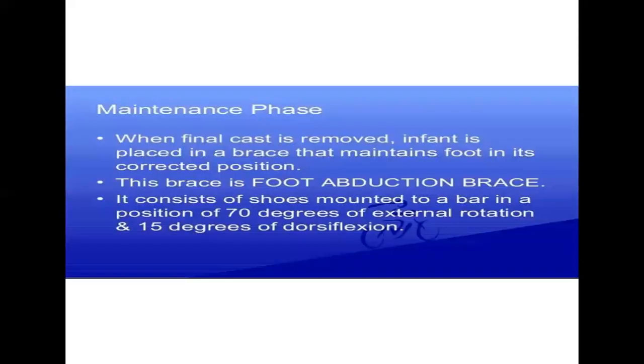Maintenance phase. When the final cast is removed, the infant is placed in a brace that maintains the foot in its corrected position. This brace is a foot abduction brace. It consists of shoes mounted to a bar in a position of 70 degrees of external rotation and 15 degrees of dorsiflexion.